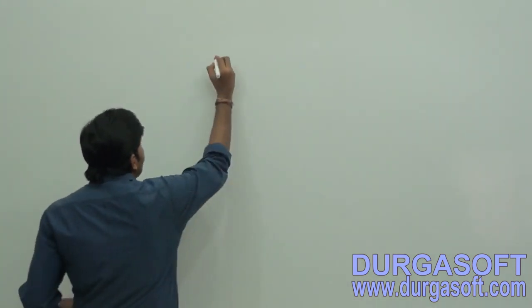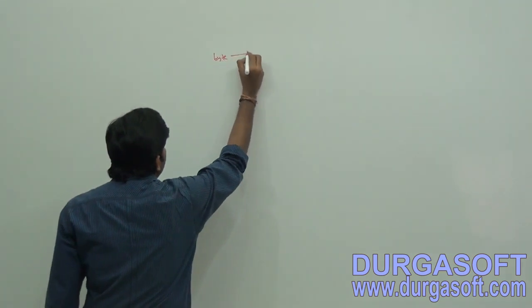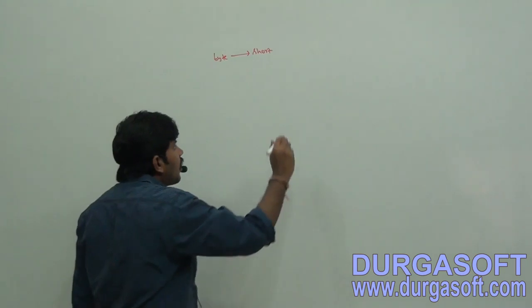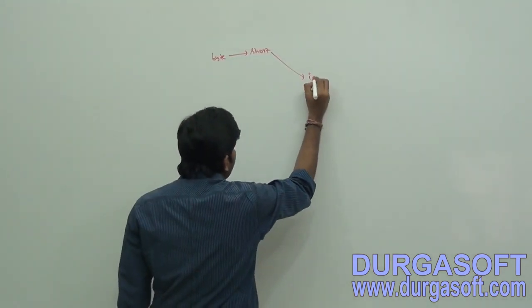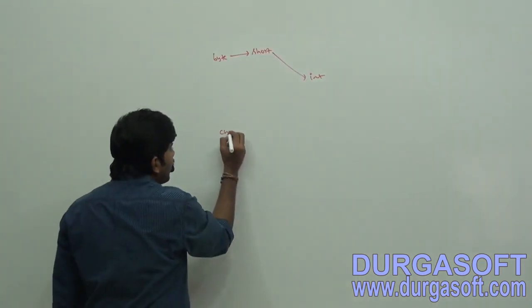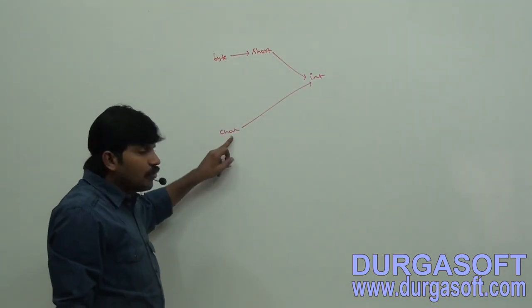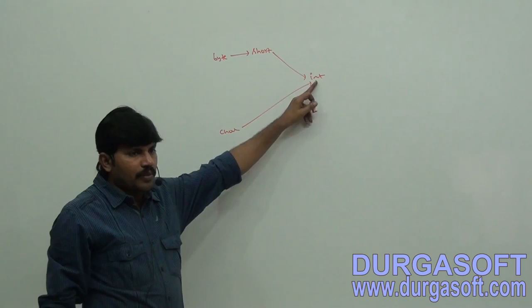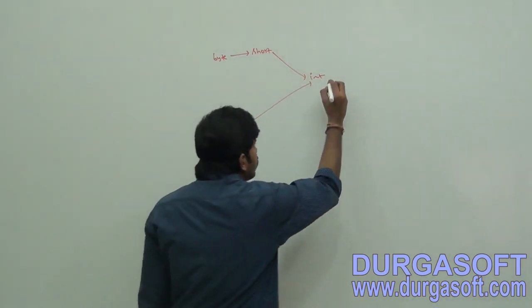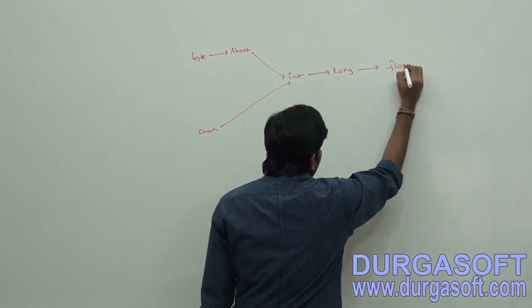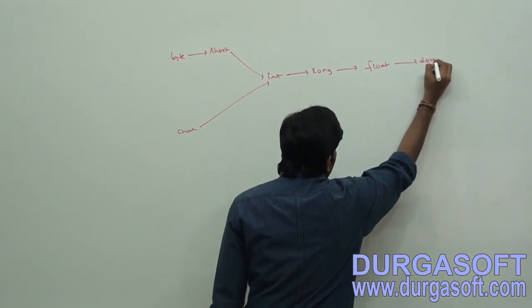Here, a byte value we can happily assign to short, no problem. A short value we can assign to int. A char value we can assign to int, no problem. Char means 2 bytes, 2 bytes to 4 bytes. What is the problem? Int to long, long to float, float to double.